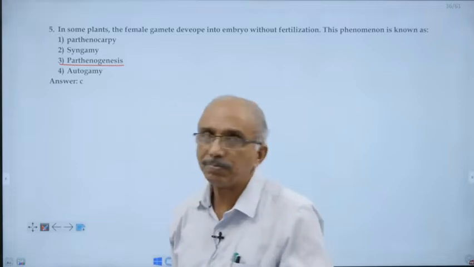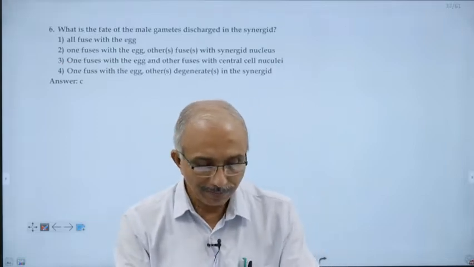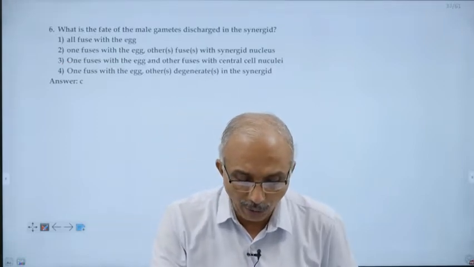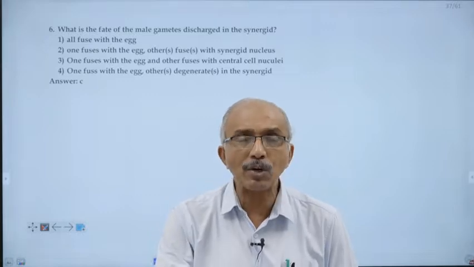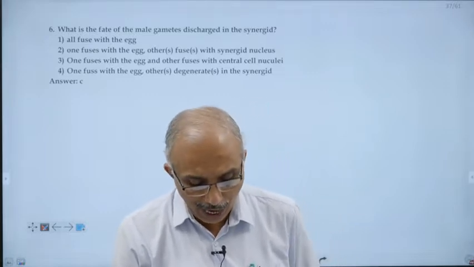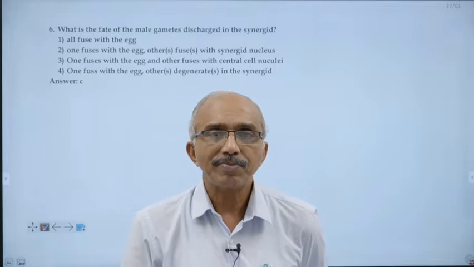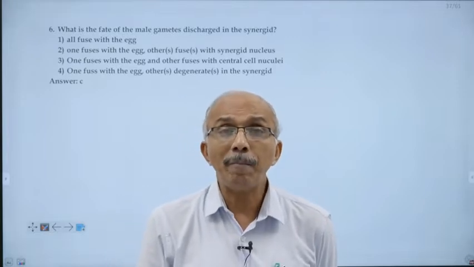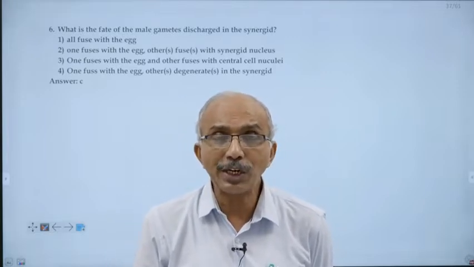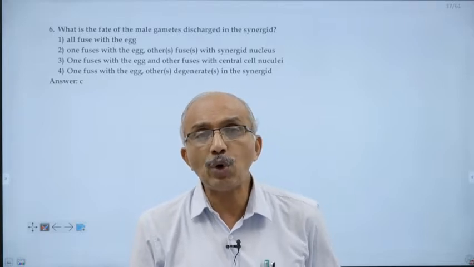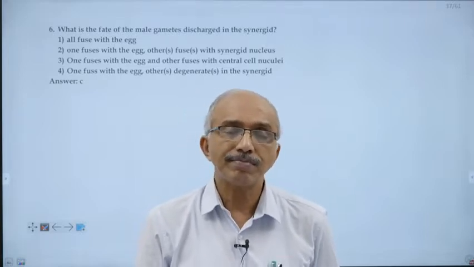Next question. Question number 6. Which is the fate of male gametophyte discharged in synergid? In angiosperm, after pollination, the pollen tube grows downward.